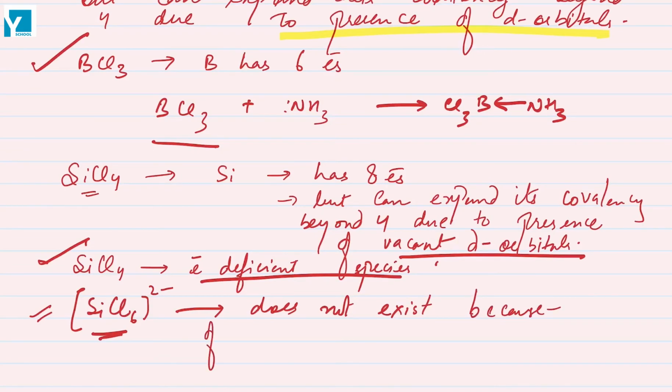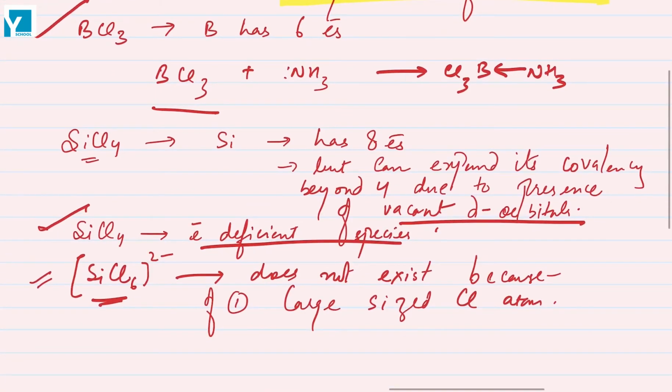because of the large sized chlorine atom, right? Because six large chlorine atoms cannot be accommodated around a small silicon atom. The second reason is that, due to the big size of chlorine, the interaction between the lone pair of chlorine atom and the empty d orbitals of silicon atom is weak.